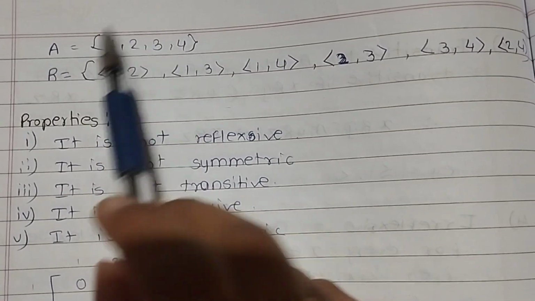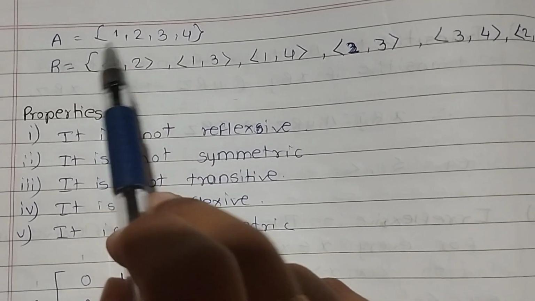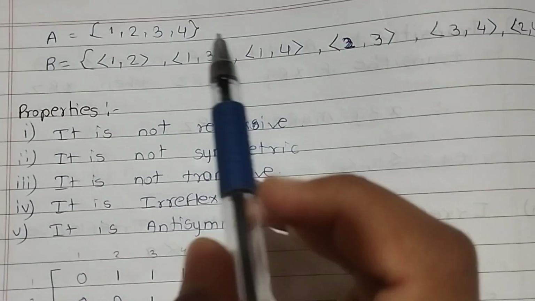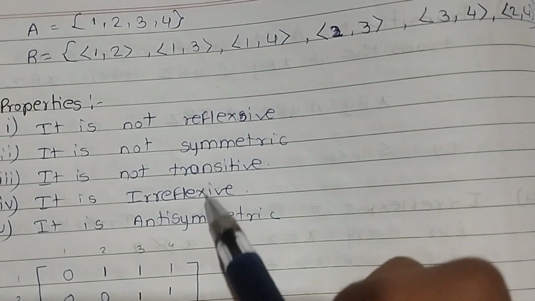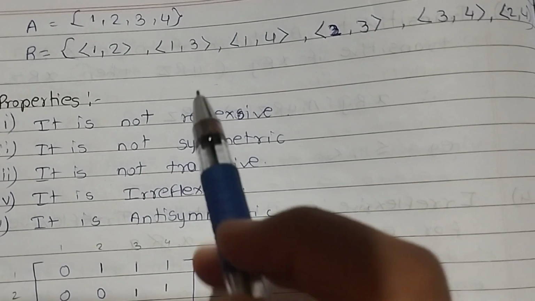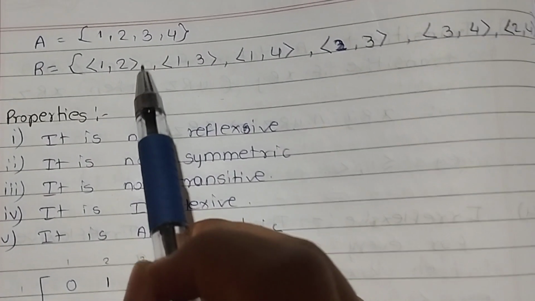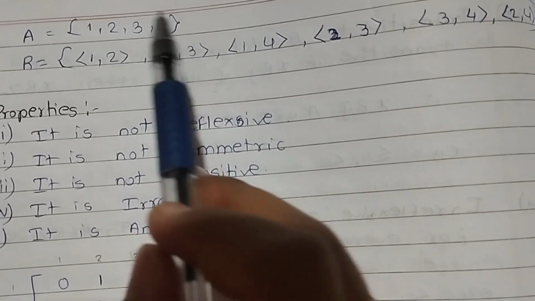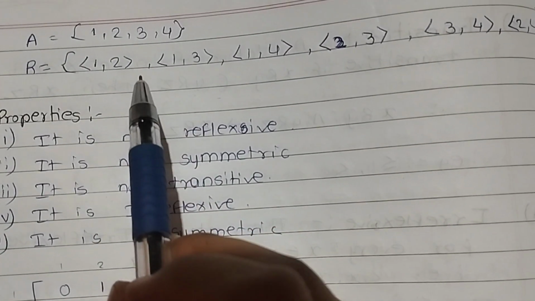Now one more example. A is equal to 1 2 3 4 and the relation is given here. So we find out which properties follow for this example. First is reflexive. What is the condition for reflexive? We want 1 1, 2 2, 3 3, 4 4, that type of elements in the set.